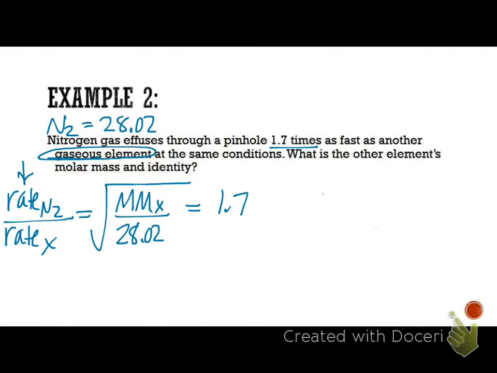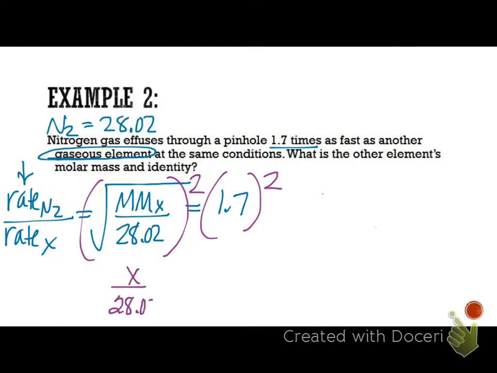I'm going to do this in a different color. If I want to get rid of square roots, what do I do? Square both sides. And then I get X over 28.02 is equal to 2.9. So then I get X is equal to 81.3.